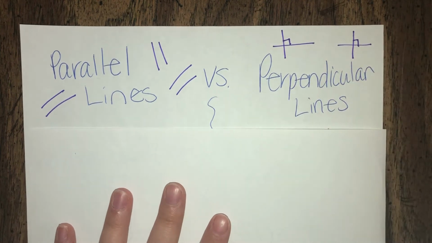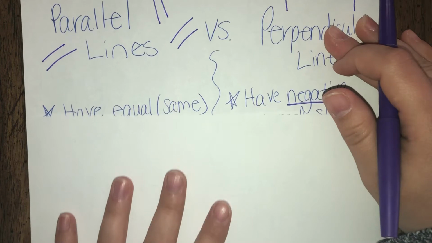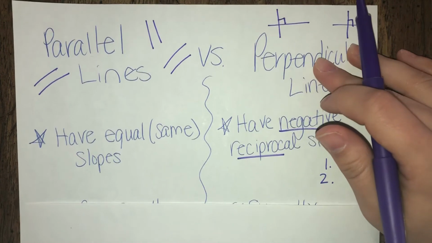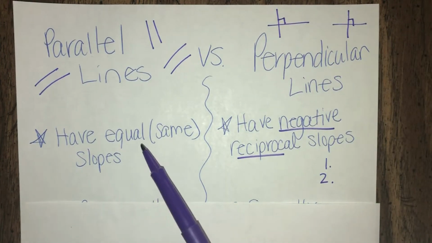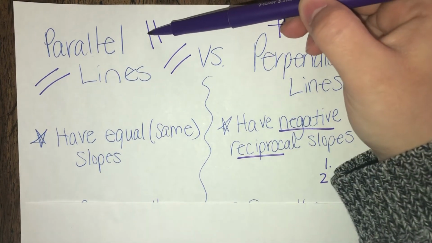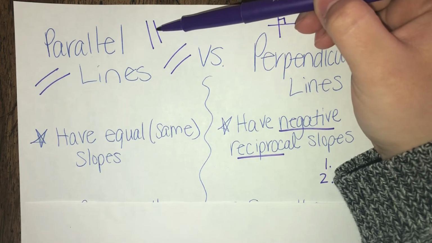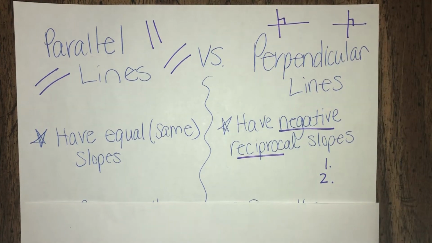So what does that mean in terms of equations? From 2 weeks ago, we introduced the idea that parallel lines have equal, meaning the same exact slopes. So whatever the slope of the line this equation has, this equation will also have the same exact slope. What changes is their y-intercepts.